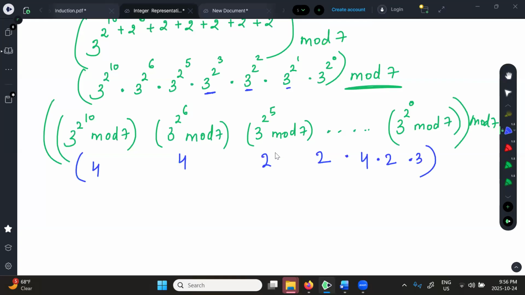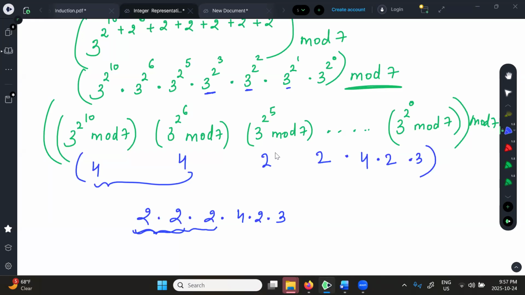Right? Multiply this. This is 4 squared. 4 squared gives me 2. This is 2 times 2 times 2 times 4 times 2 times 3, right? I'm just simplifying the chunks.